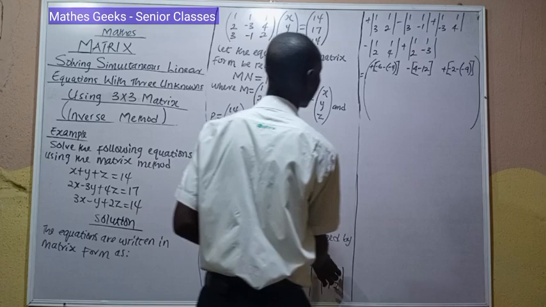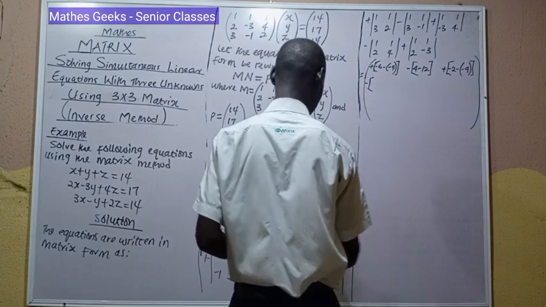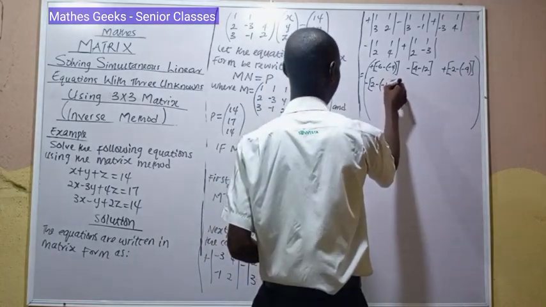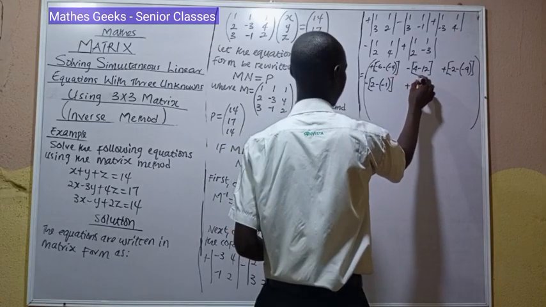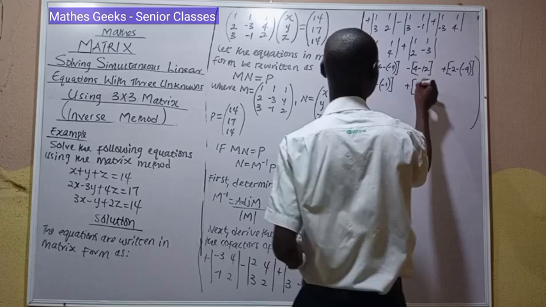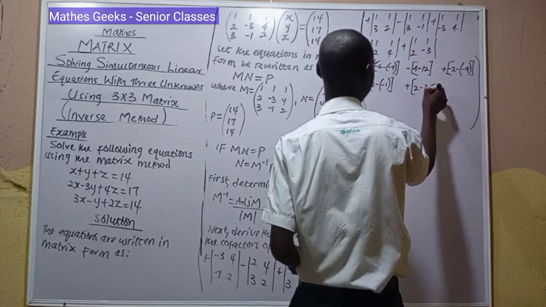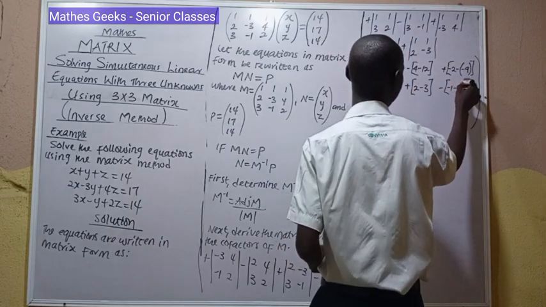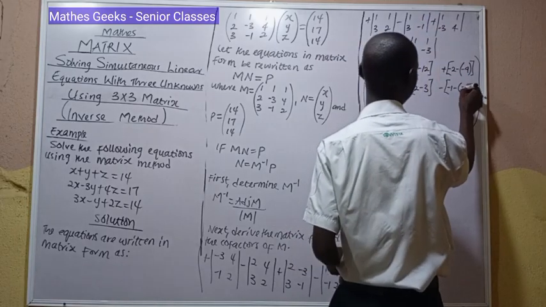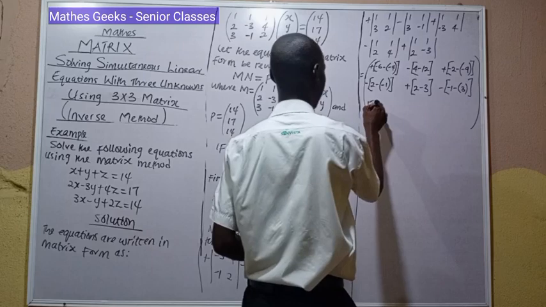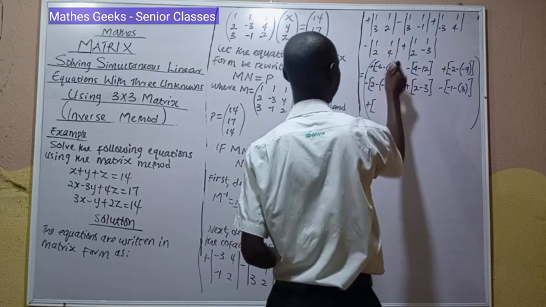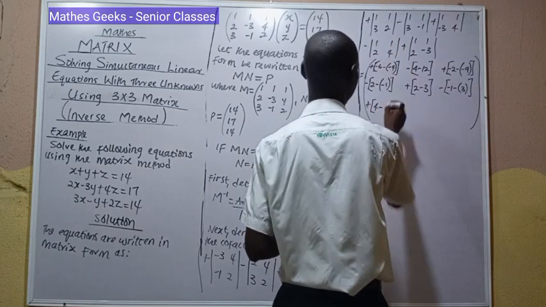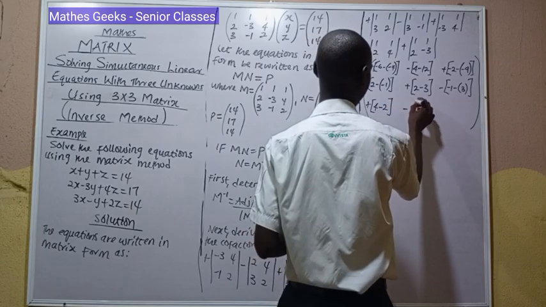Then minus 1 times 2 is 2, minus 1 times minus 1 is minus 1. Plus 1 times 2 is 2, minus 1 times 3 is 3, minus 1 times minus 1 is minus 1, minus 1 times 3 is 3. Plus 1 times 4 is 4, minus 1 times 2 is 2.